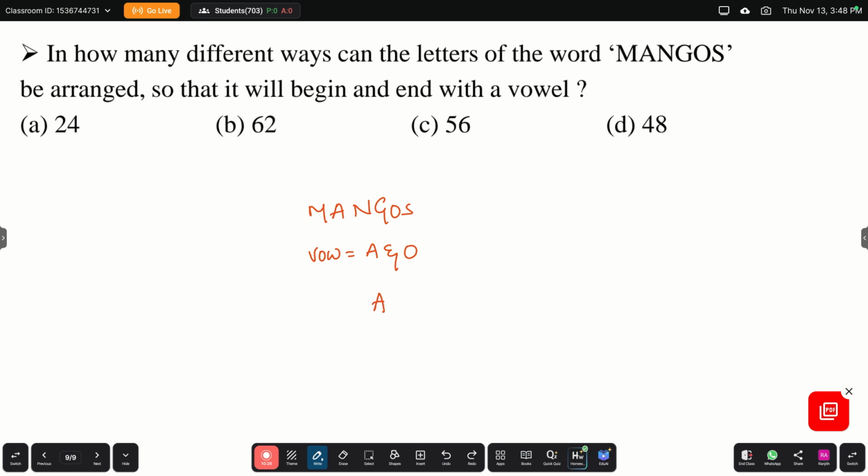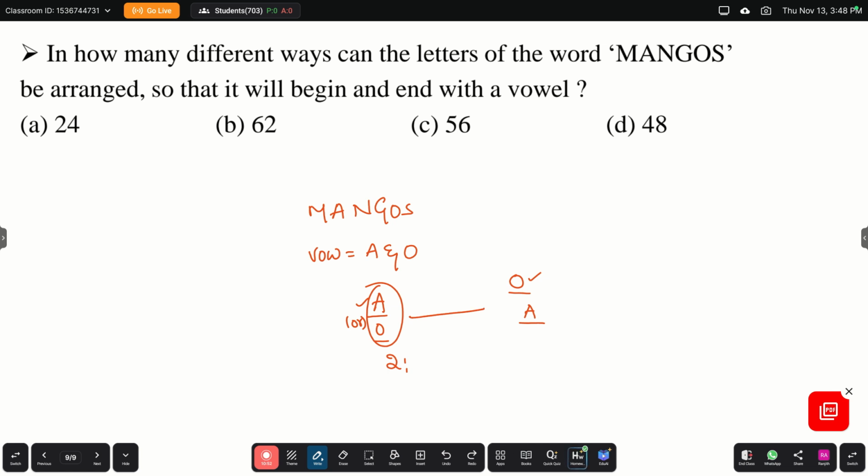It may start with a vowel and end with a vowel. It may start with A and end with O, or else it may start with O and end with A. So how many possibilities are we having? Two possibilities, which will be 2 factorial.